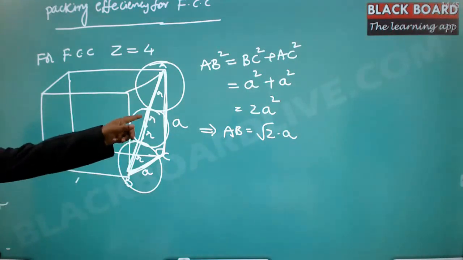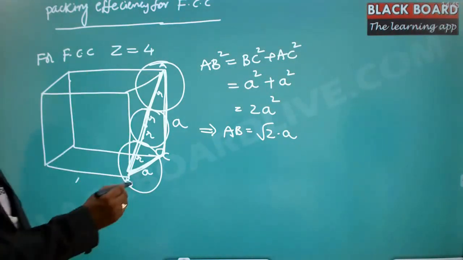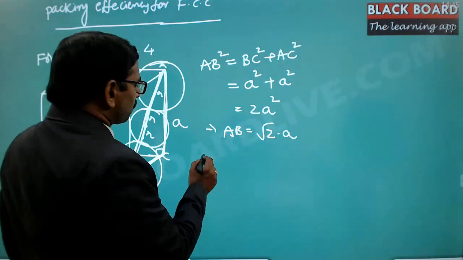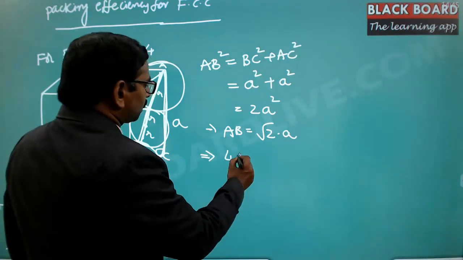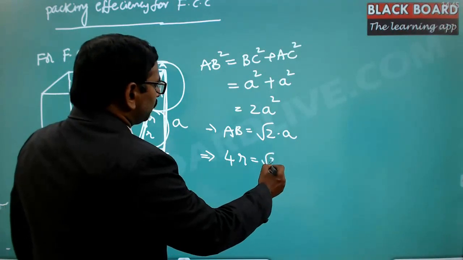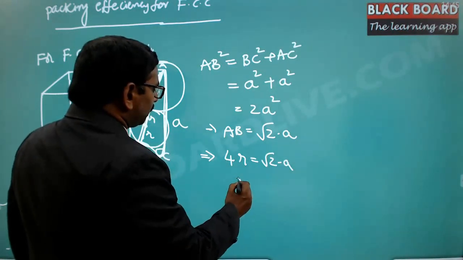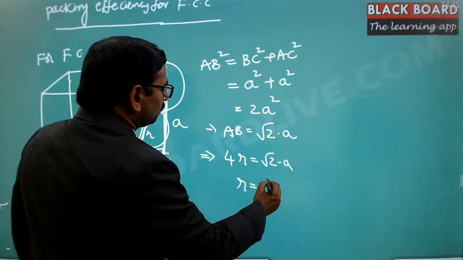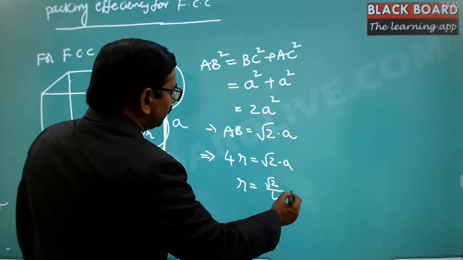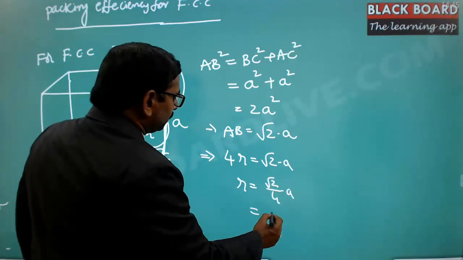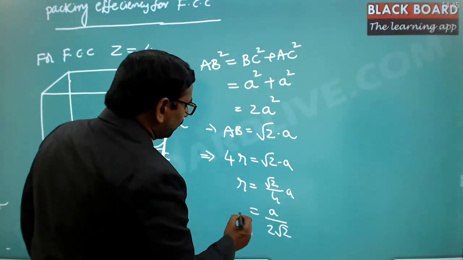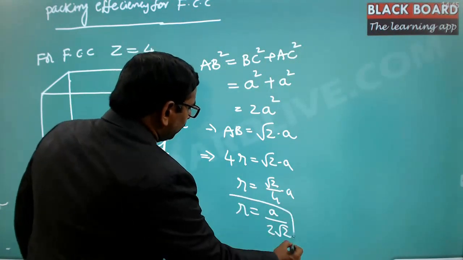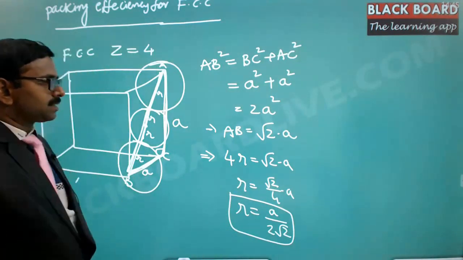So AB is equal to 4r, which is equal to root 2 into a. Therefore r is equal to root 2 by 4 into a, or a by 2 root 2. This is the radius of the face-centered atom.